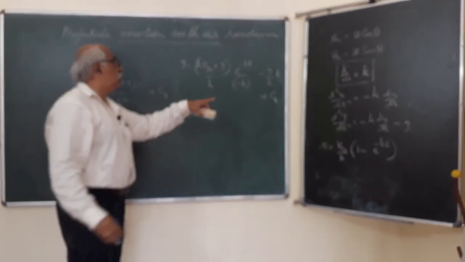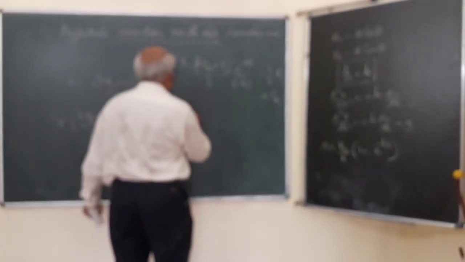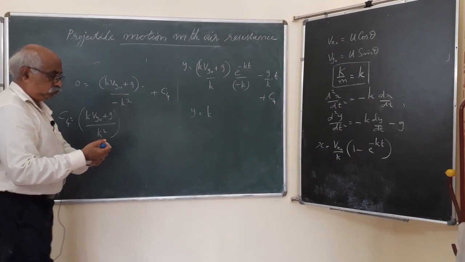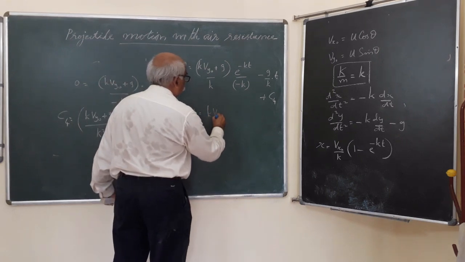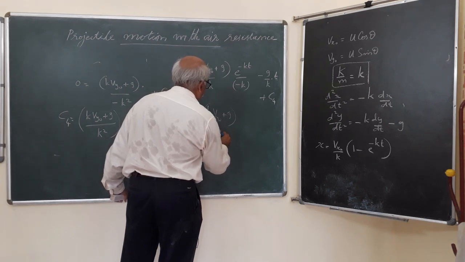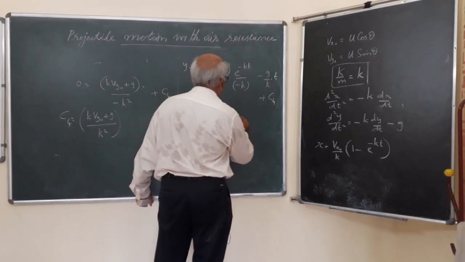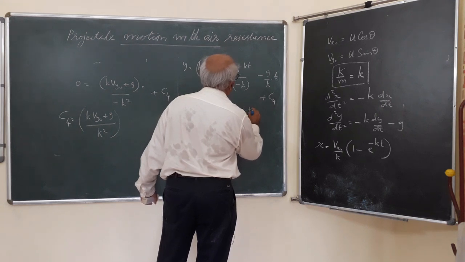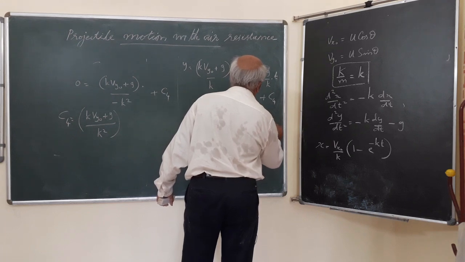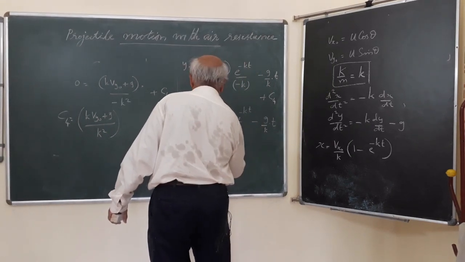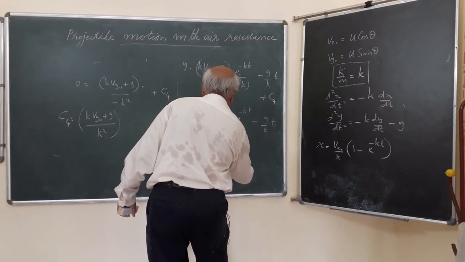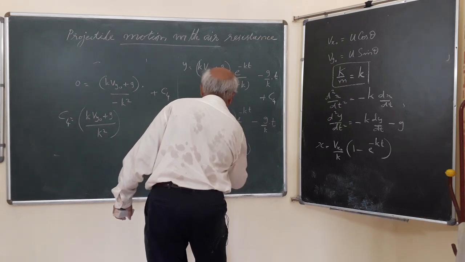When this substitution is done here, we get y is equal to kVy0 plus g divided by minus k square e raised to minus kt, minus g by k times t, plus kVy0 plus g divided by k square.